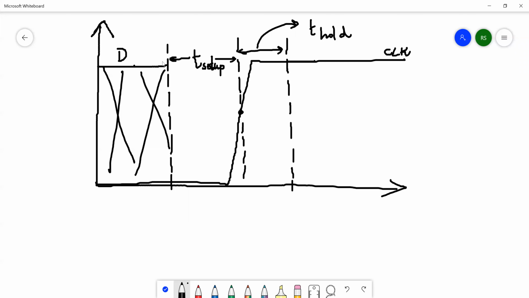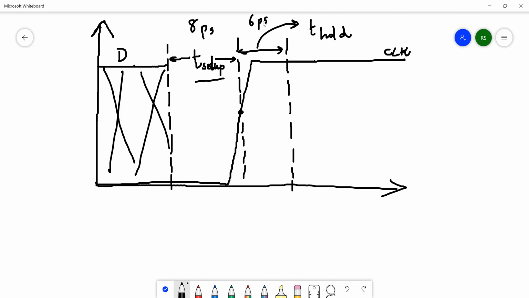This number is particular to some particular IC, some particular design, and it could be something like 8 picoseconds, or 6 picoseconds. This will be very, very important, and we cannot violate this timing constraint.